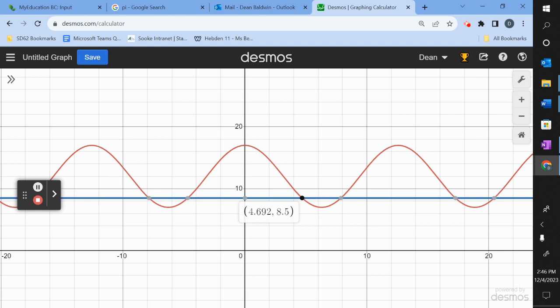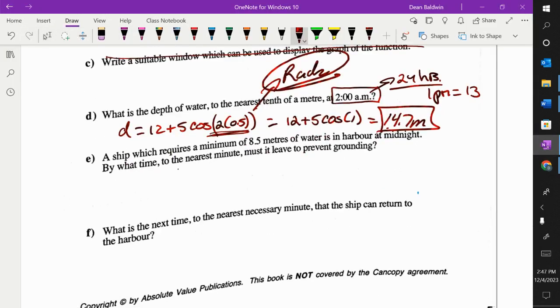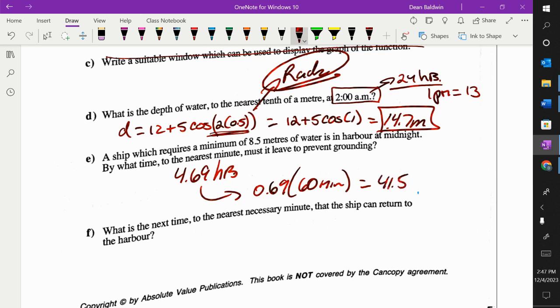Okay? Now, nobody would say 4.69 hours. You would say 4 hours and so many minutes, right? So, how do you convert 0.69 of an hour to minutes? Multiply by 60. There's 60 minutes in an hour. What's 0.69 times 60? 41.54 minutes.